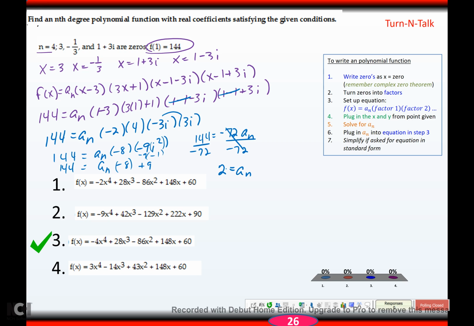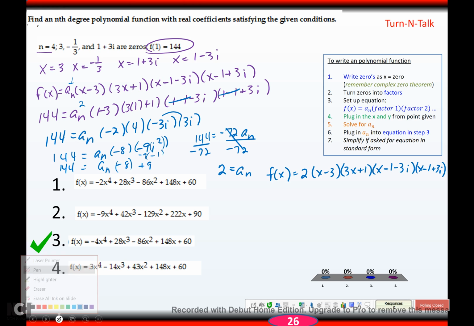Alright. So now, wait a second. So now that I've got a sub n equals 2, if I plug that back in here, I have my function is 2 times x minus 3 times 3x plus 1 times x minus 1 minus 3i times x minus 1 plus 3i.